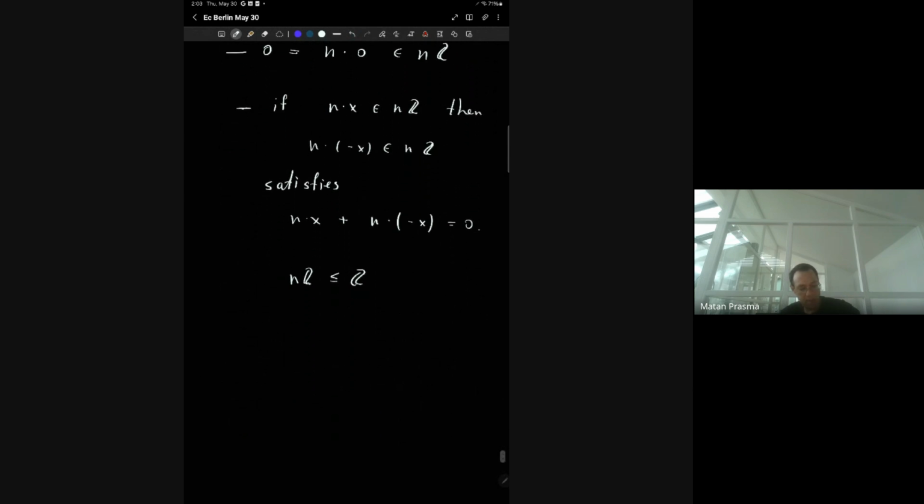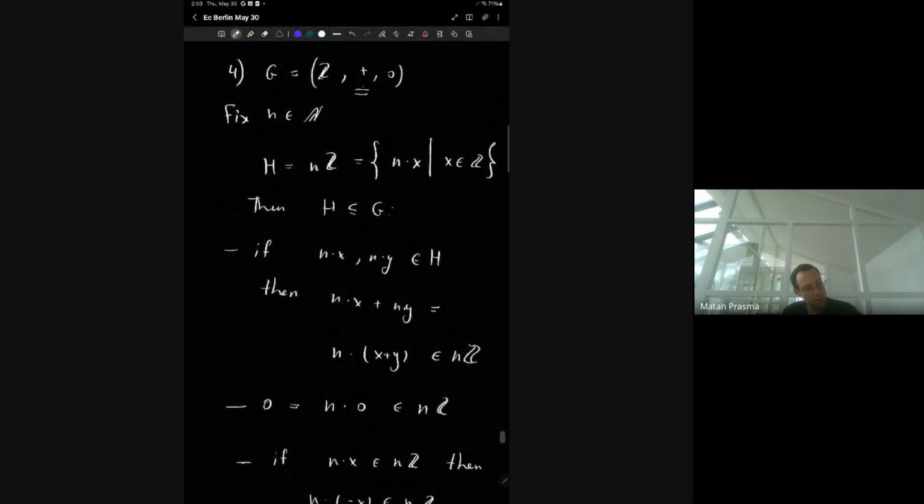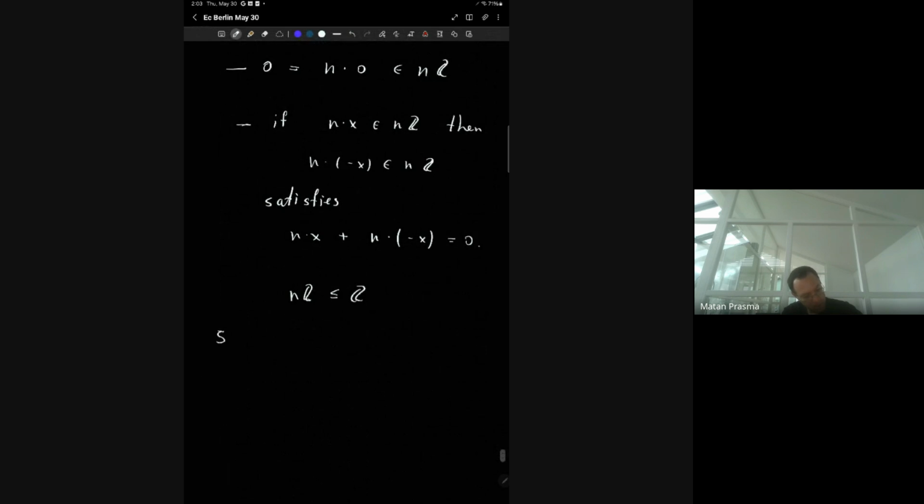We talked about the product of two groups. Let G and H be any two groups, and then I claim the group G times H has two canonical subgroups.